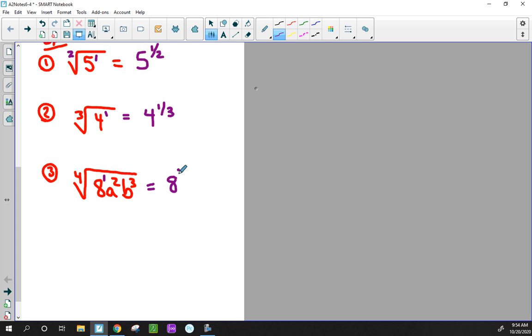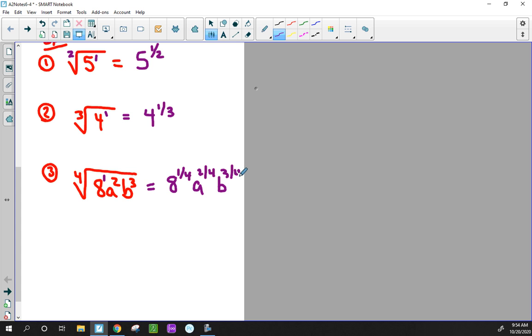You're going to raise it to the 1/4 power. Then you're going to use your variable a, 2 divided by 4. Then bring down your b, and 3 divided by 4.